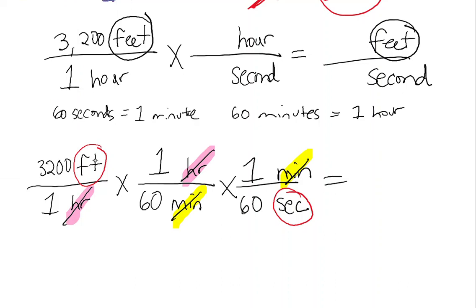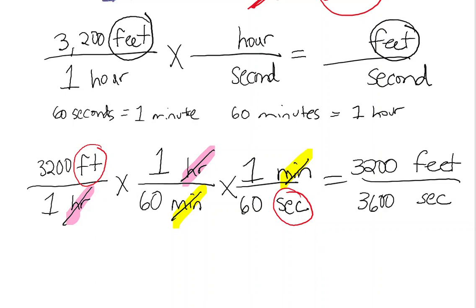On the top, I have 3,200 times 1, which is 3,200 feet. On the bottom, I have 1 times 60 times 60, which is 3,600 seconds. Still don't have my answer in feet per 1 second.